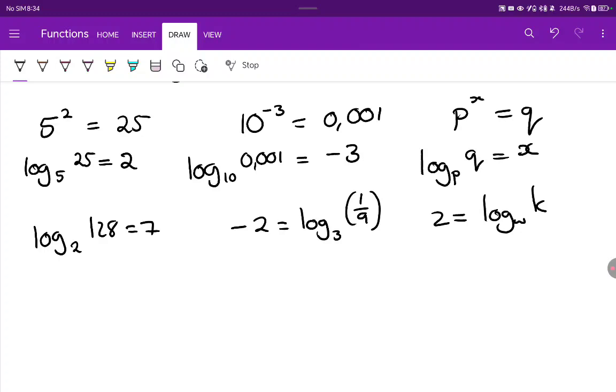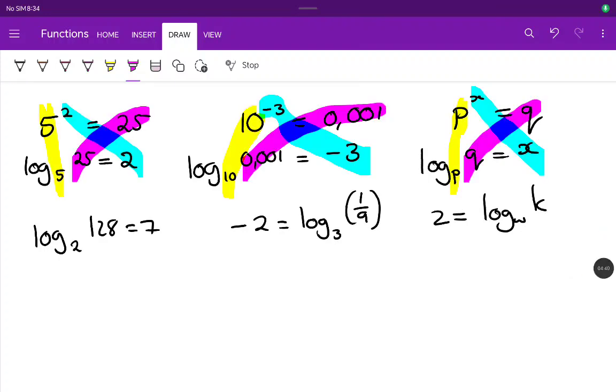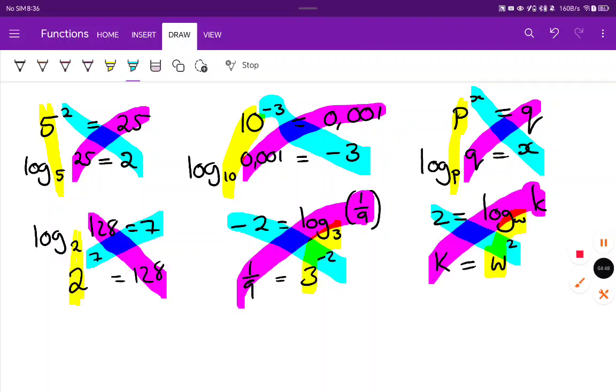Again, pause, try them, and then let's see what you got. I actually added highlighters to my color, to my previous answers, just to help you see. Maybe that helps. Okay, so that's the answer that I got over there in terms of your logarithms.